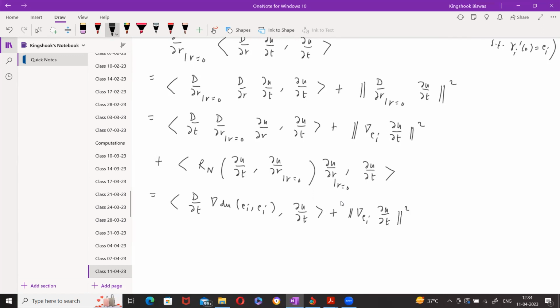I'll do the sum. So then you'll get, and this curvature term, I can interchange these two to get something which will be an actual sectional curvature. So minus, there's no sum, minus inner product Rn of du of e_i, del u del t, du of e_i, inner product del u del t.